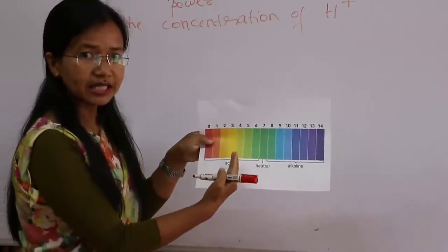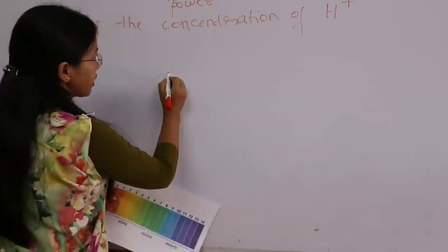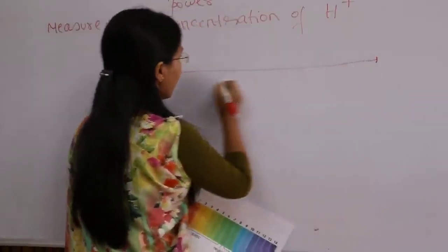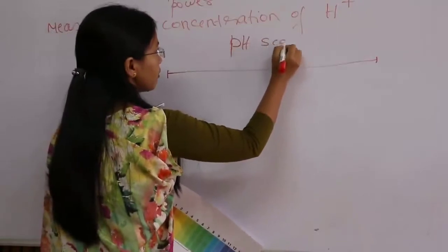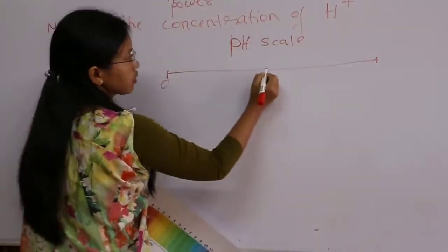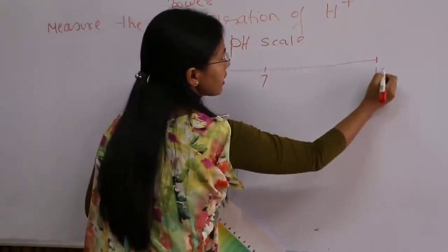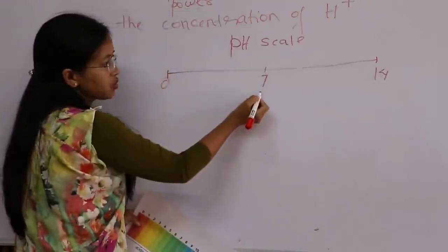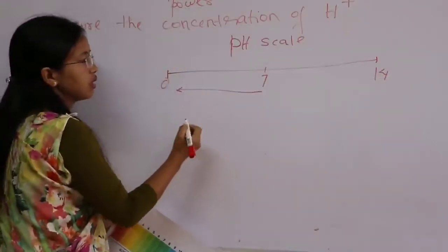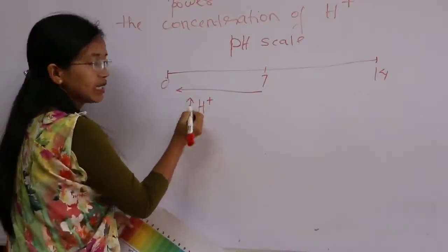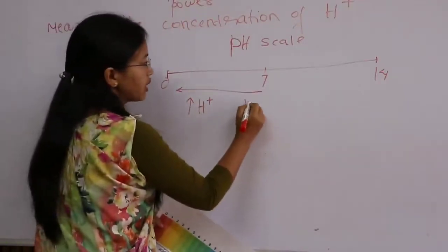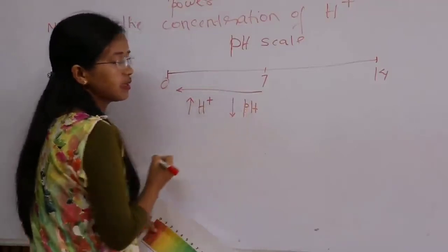ion is increasing. Alright, so here, for example, this is the pH scale, 0, here we have somewhere 7, and this is 14. As you go down from 7 to 0, the concentration of hydrogen ion is increasing and the pH value is decreasing.